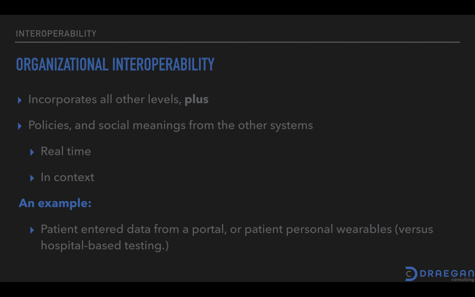So an example of this would be a patient enters data from a portal or from an application on a mobile device, or data comes across from a personal wearable. And that information is transmitted or exchanged with a receiving system.